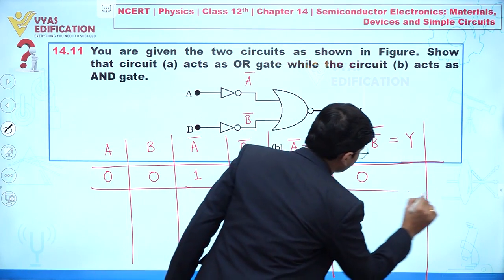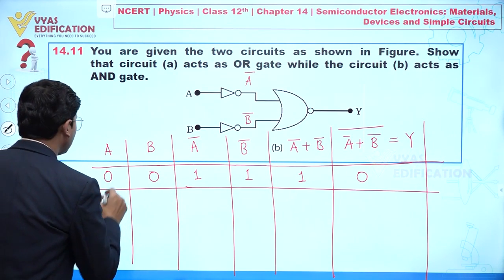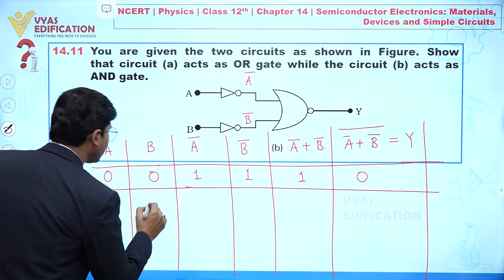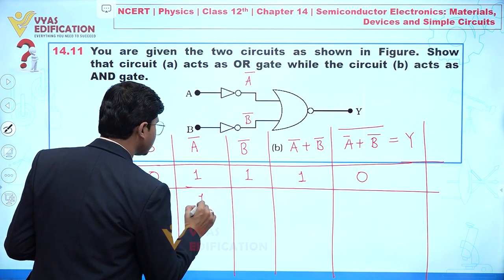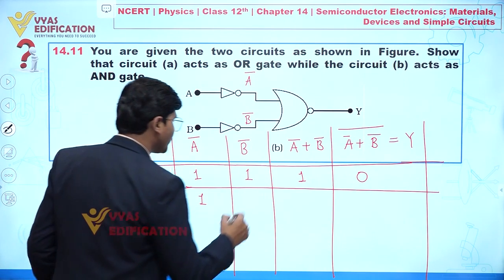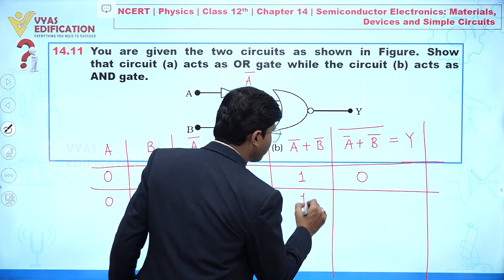Now let's put another input, clear. For A we are taking 0, clear, and for B we are taking 1. So what is not of A, we can say this is 1, and what is not of B, this one is 0, clear. Now 1 plus 0 we have 1, clear.